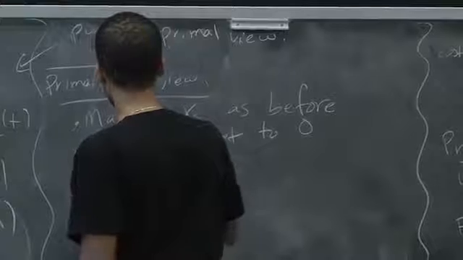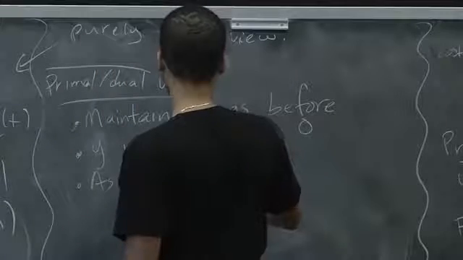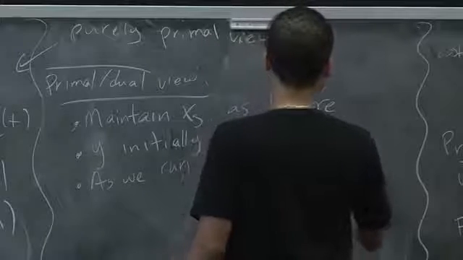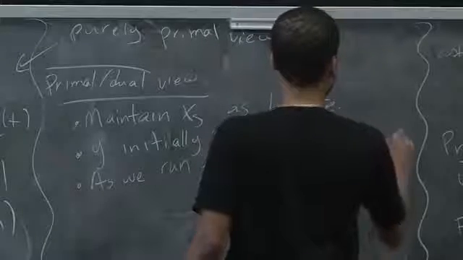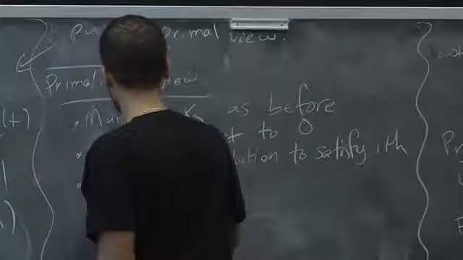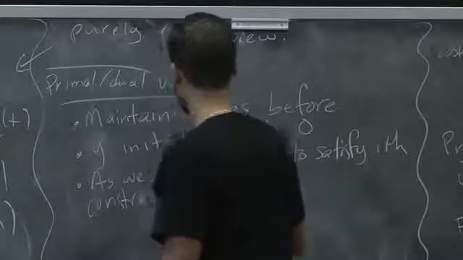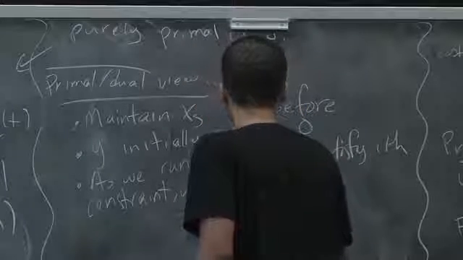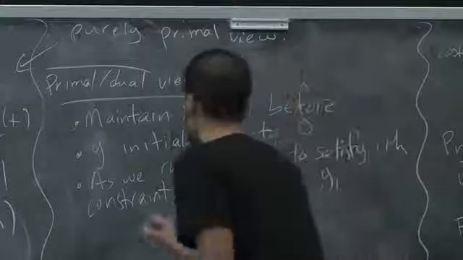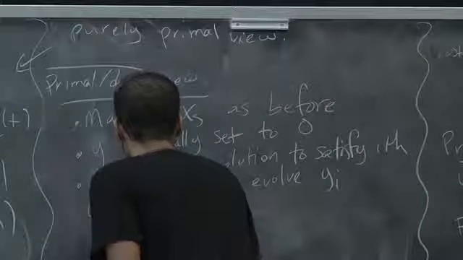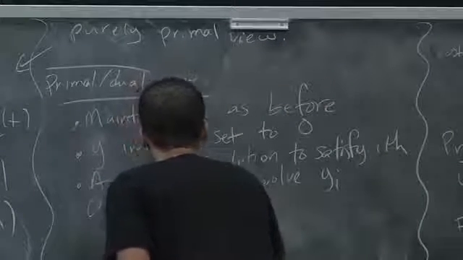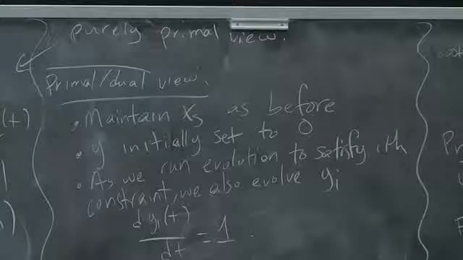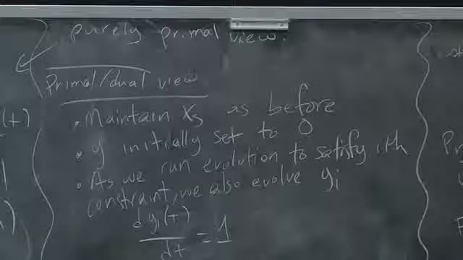And as we run evolution to satisfy the ith constraint, we also evolve yi according to the differential equation dyi(t)/dt = 1. In other words, every second, yi goes up by 1.